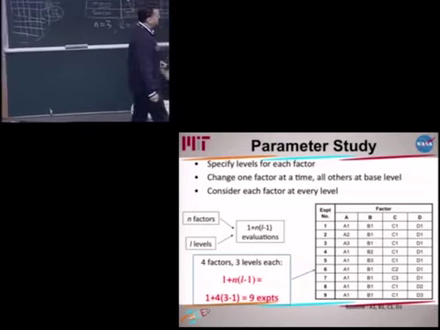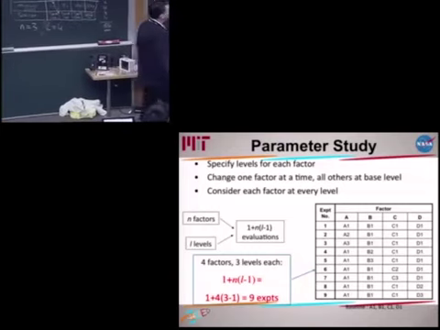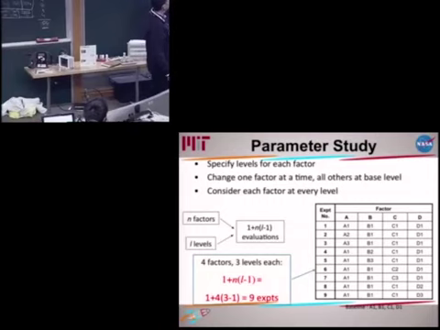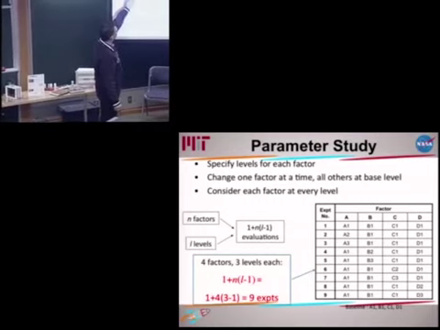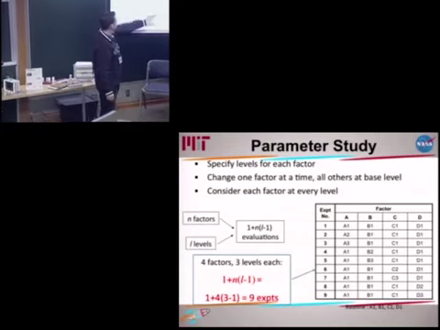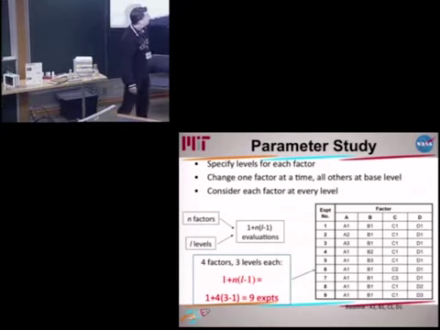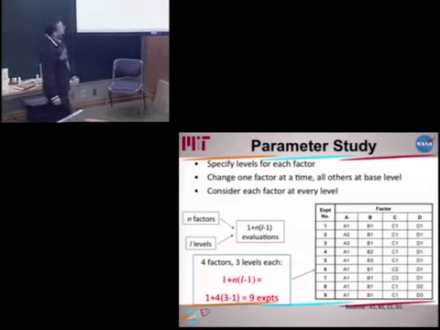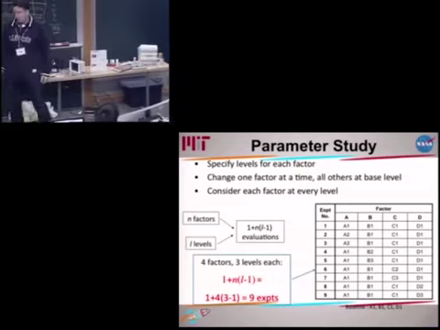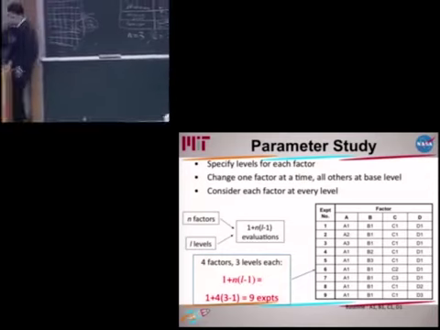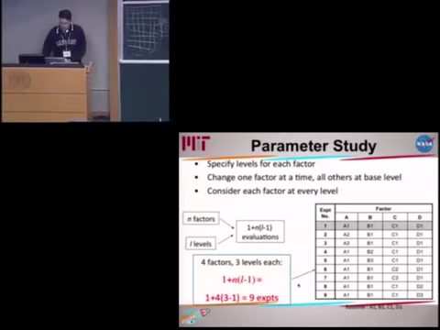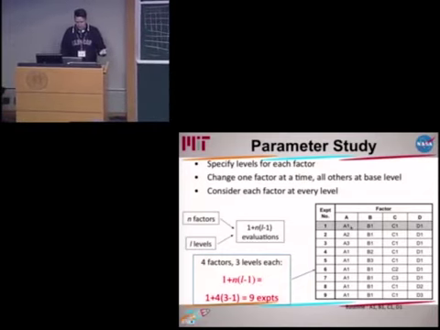So you basically set up your experiment here. This is an example with 4 factors and 3 levels. So we need 1 plus n times L minus 1, we need 9 experiments. And if you look at that matrix, we start with experiment 1, which is simply A1, B1, C1, D1.